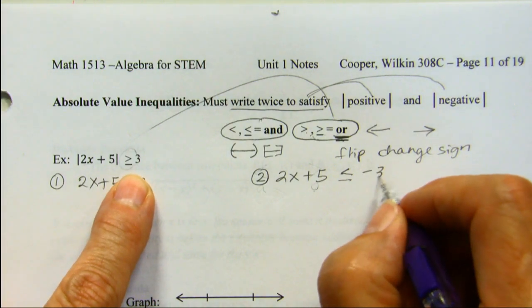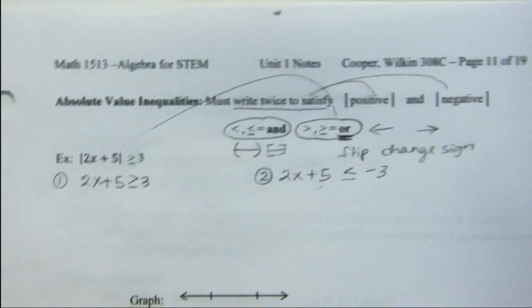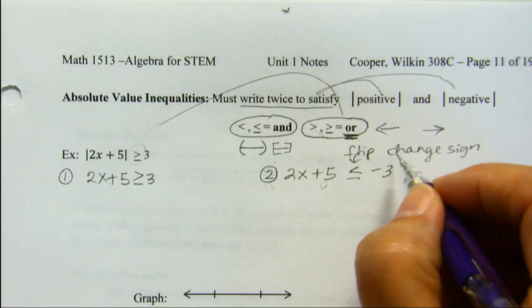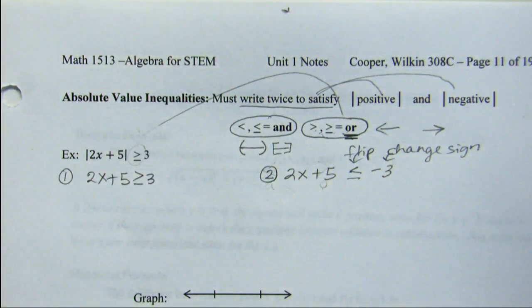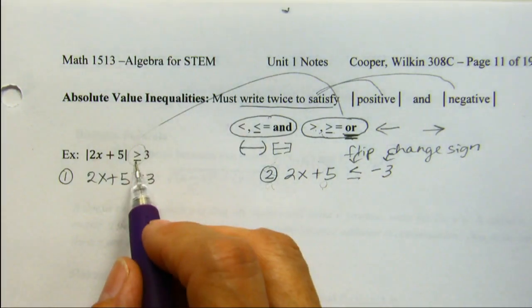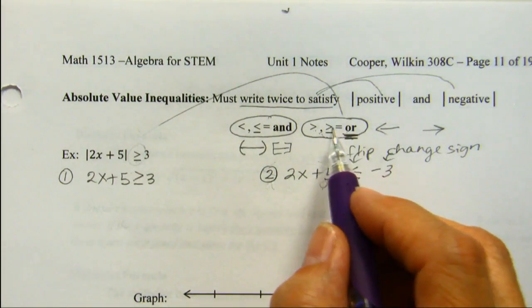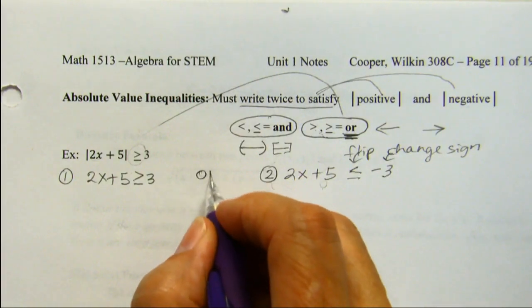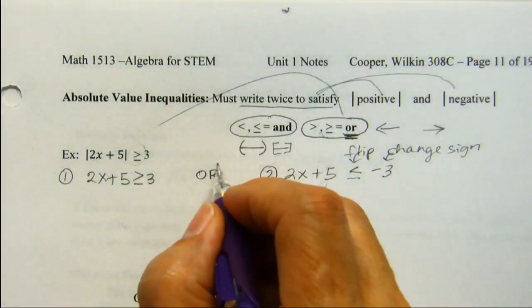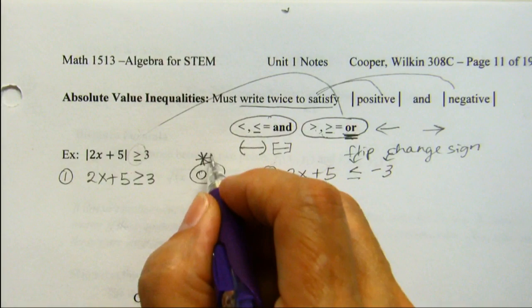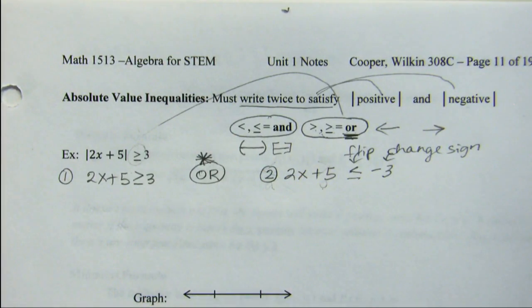It becomes a -3. Flip the inequality and change the sign. It was greater than or equal, and greater than or equal means that this is an OR problem. It's very important that you remember that that's an OR problem.